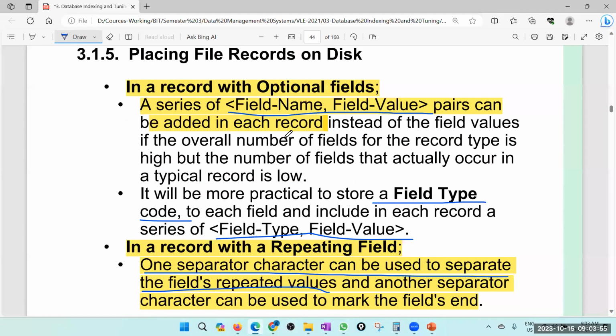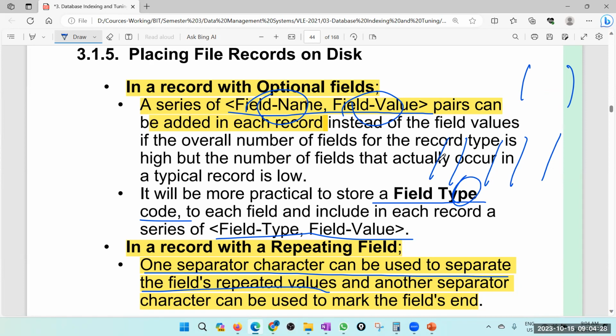And when you have so many optional fields, sometimes you will have either this field or that field. So then you can have something like field name and field value also, just to make it specific. Okay. So those are possibilities. It doesn't mean that we always use these things. Say we have 5 fields, and usually we get data for only one of the fields.